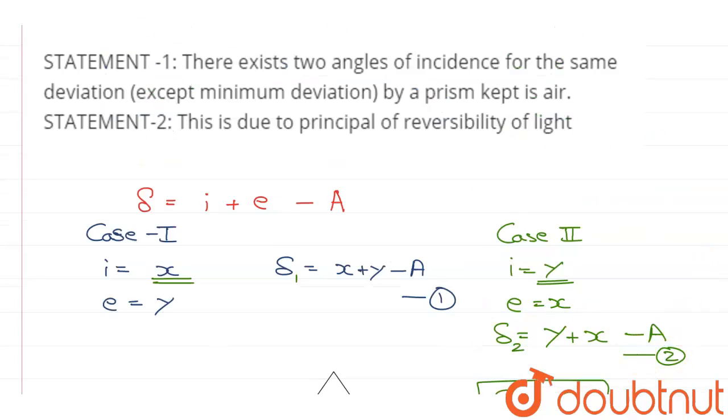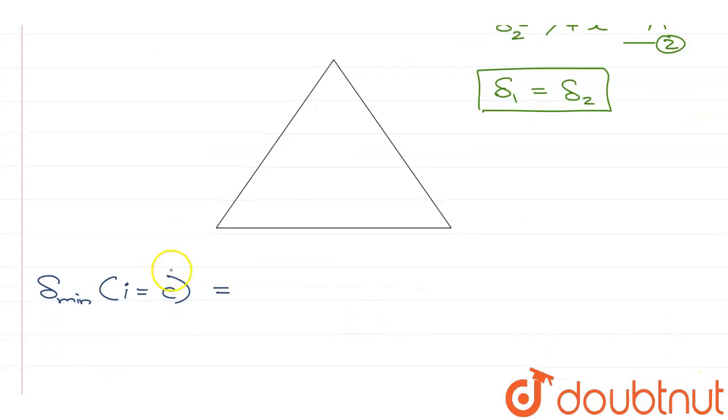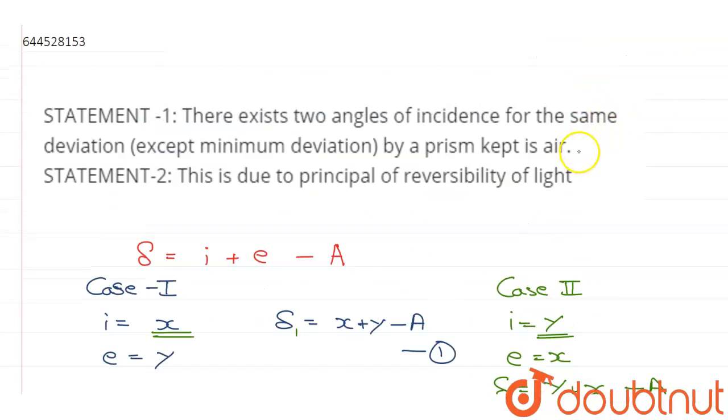So there will be only one angle for which the minimum deviation is observed. So 2I minus A will also be equal to 2E minus A. So that means statement number 1 is correct.